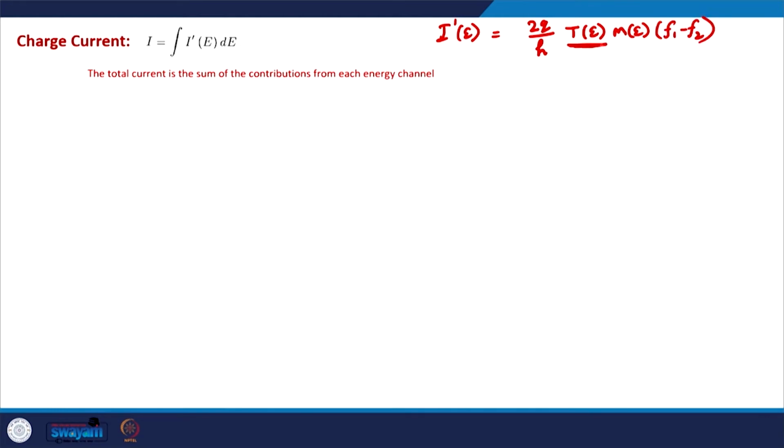T(E) accounts for the scattering transmission coefficient, M(E) accounts for the modes in the semiconductor, the conduction pathways in the channel, and F1 minus F2 is the forcing function for the current. q is the fundamental charge unit, and if we do not have q, it just becomes the particle current, number of particles flowing per unit time. So, the total current is the sum of contributions from each energy channel.